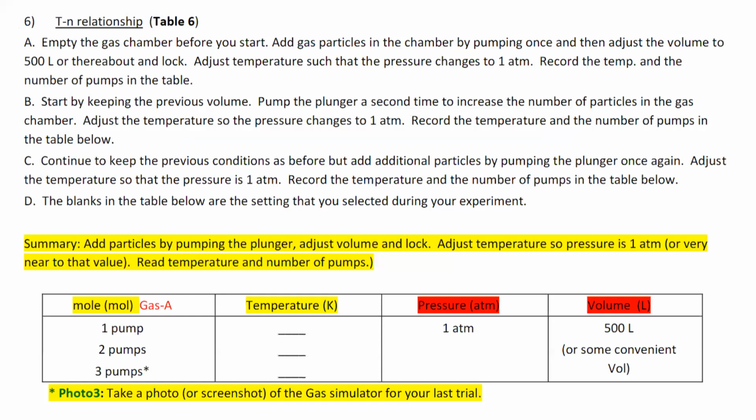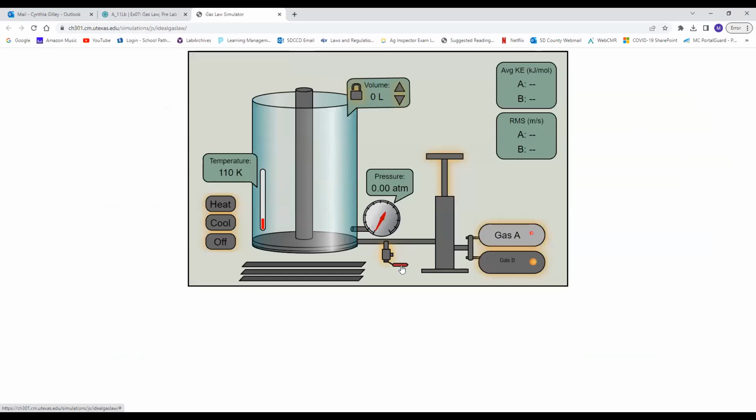All right, table 6 is looking at a temperature and number of moles. And for this one, we will again release all the gas. Add gas particles by pumping once, and then adjust the volume to 500 liters.